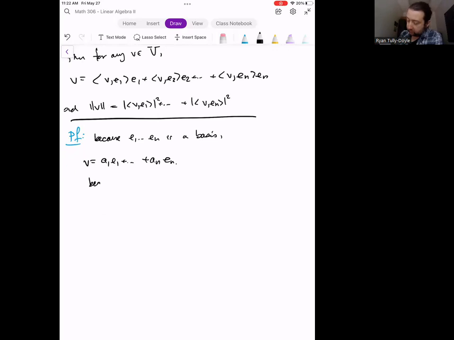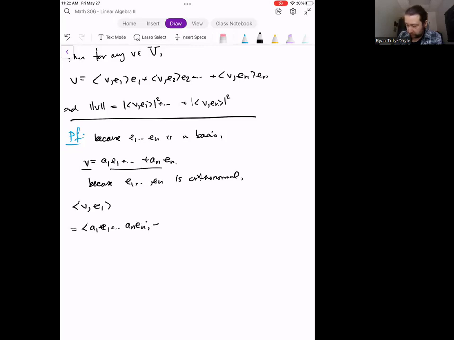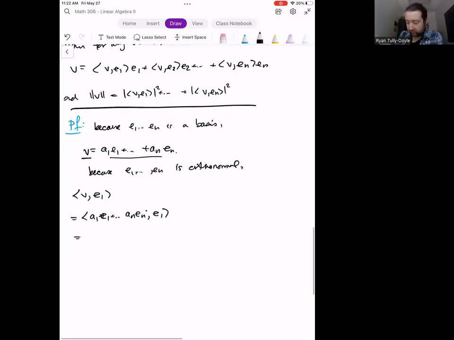Because E1 up to En is orthonormal, you can imagine that if you took these two representations of the same vector and took their inner product against, say, E1, what would V inner product E1 look like? Well, V inner product E1 would be the same as A1 E1 up to An En inner product with E1. But linearity of the inner product lets me split this up into these pieces that look like this.